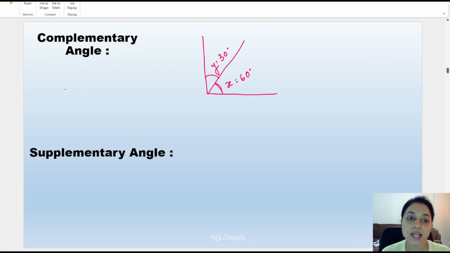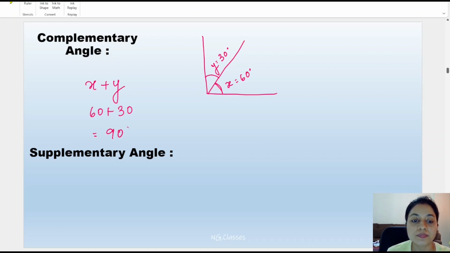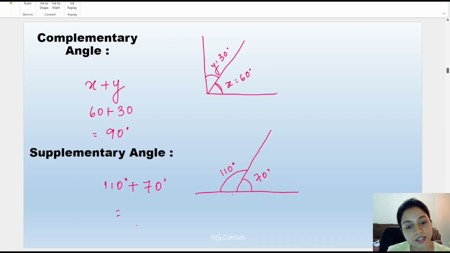When we add x and y, we get 60 plus 30, that means 90 degree. So when the sum of two angles is 90 degree, then such angles are known as complementary angles. Whereas if the sum of two angles is 180 degree, like this, then the pair of angles are known as supplementary angles.